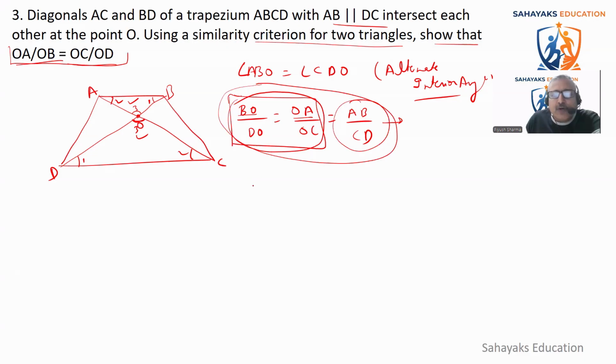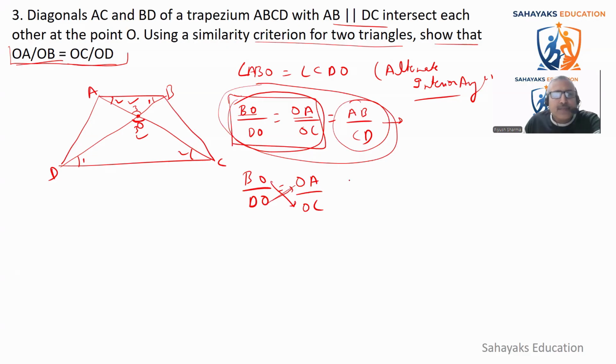So we know that BO by DO is equal to OA by OC. Okay, so I'll just cross multiply. So I'm taking OB this side and DO on this side, OA on this side.